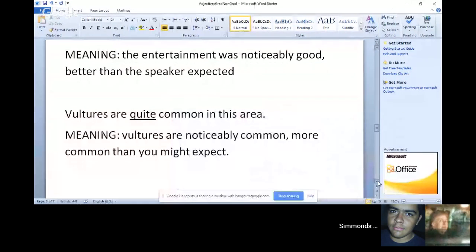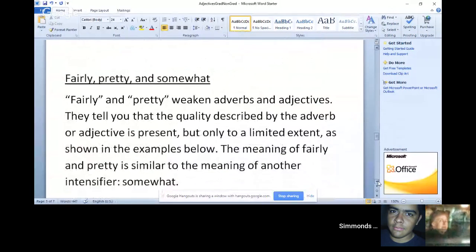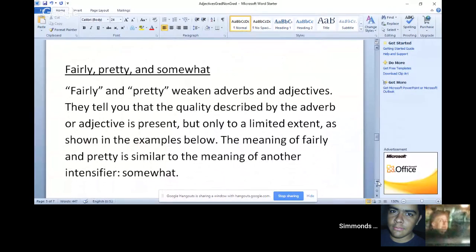Well, let's move on here. And then different intensifiers. We have fairly, pretty, and somewhat. I think it's Rafa's turn to read. Fairly, pretty, and somewhat.